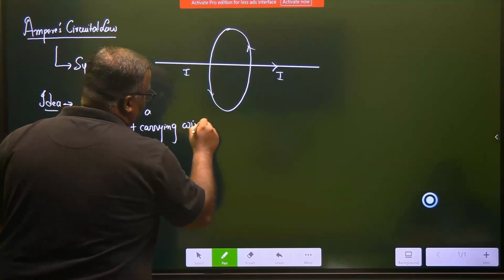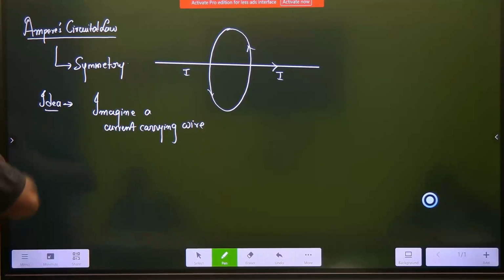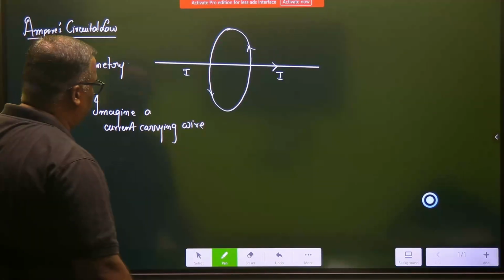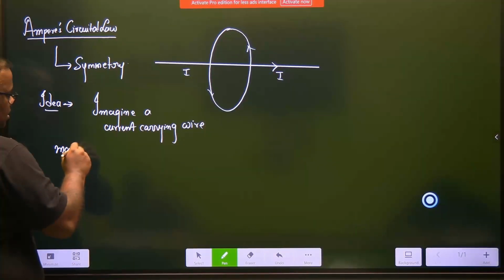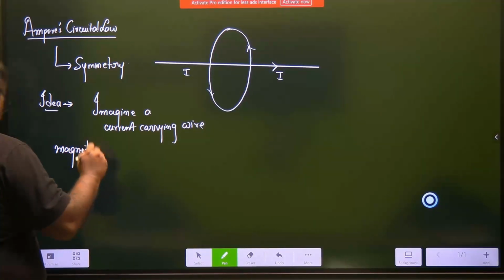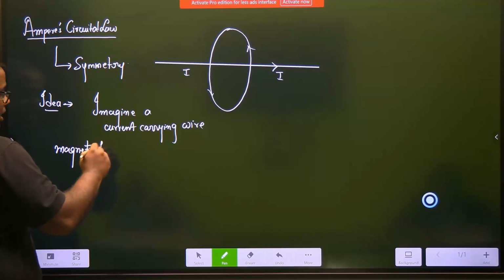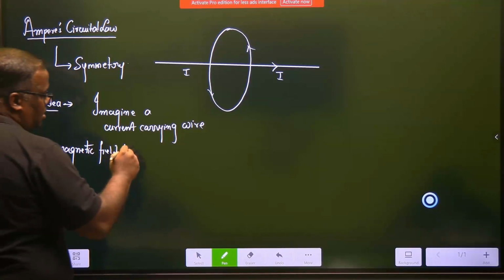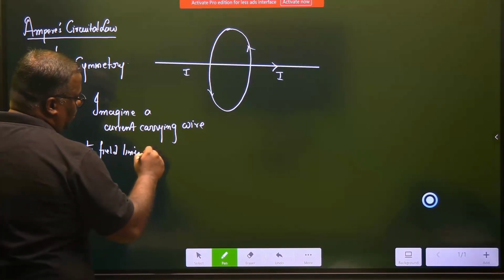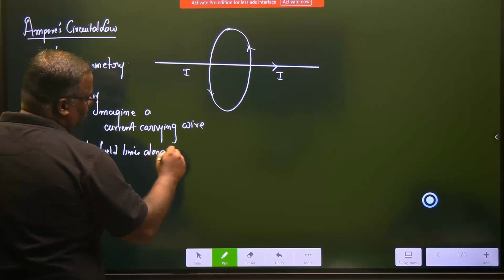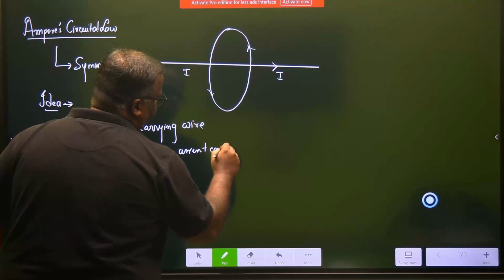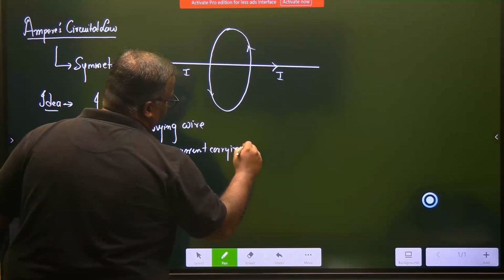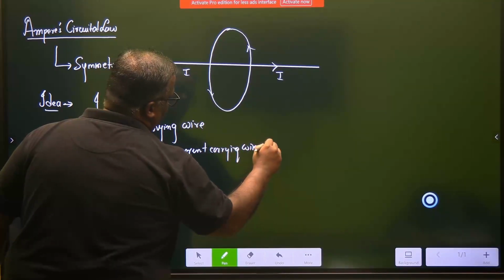Imagine a current carrying wire, then you write, magnetic field lines along a current carrying wire are circular.